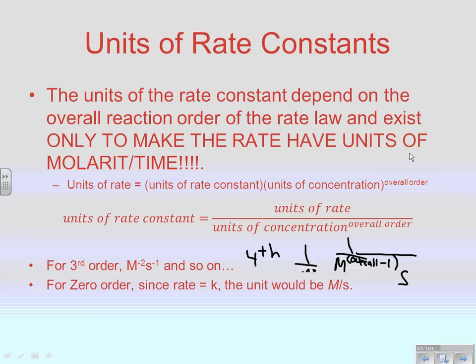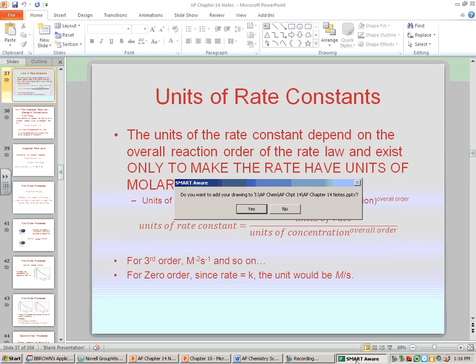Now for zero order, remember in zero order it was a rate equals k type situation. Well, rate is molarity over time, so k has got to be molarity over time. And if our time unit was seconds, then it would be molarity per second. So if you know the overall order, you always know the units of k. And that's where we'll finish off today. So that ends part 2, section 14.3 of the kinetics notes. Good luck with the homework.